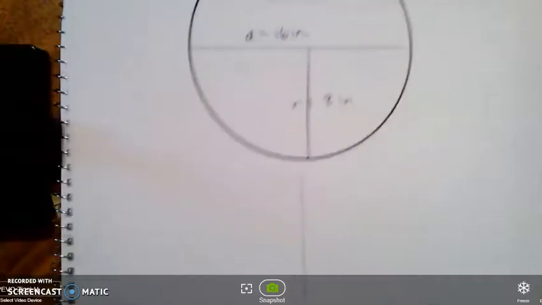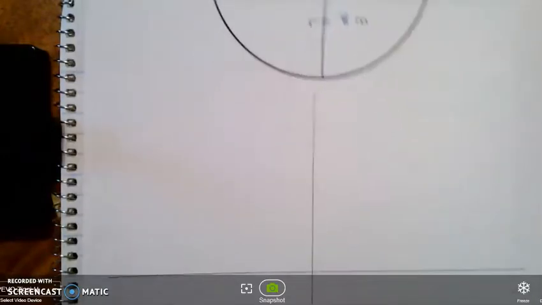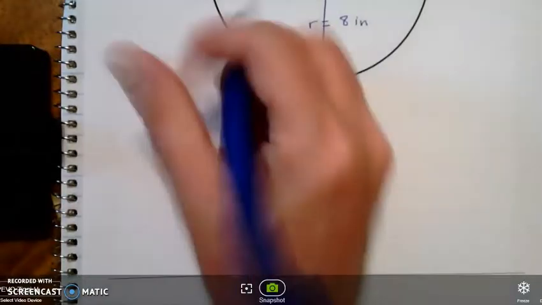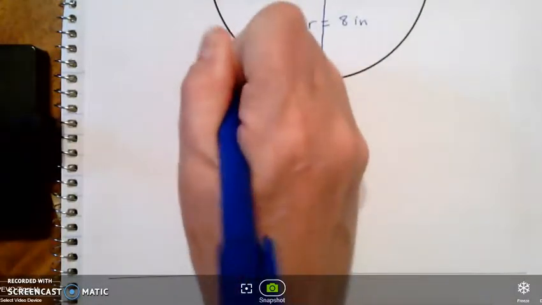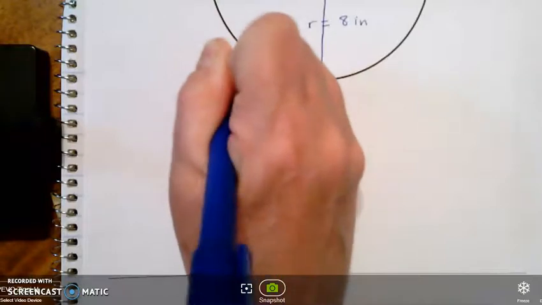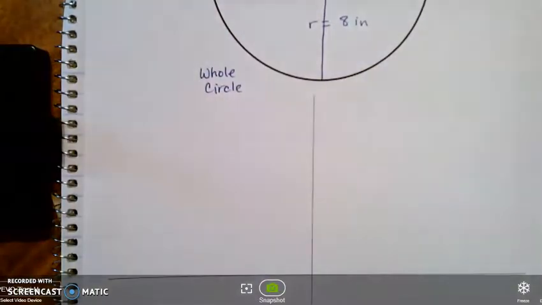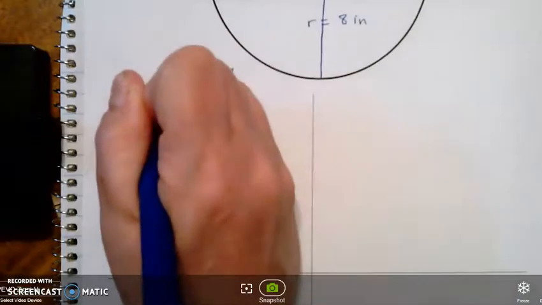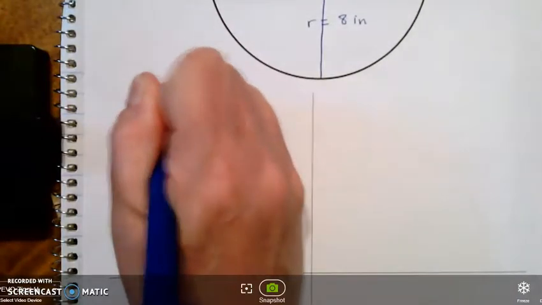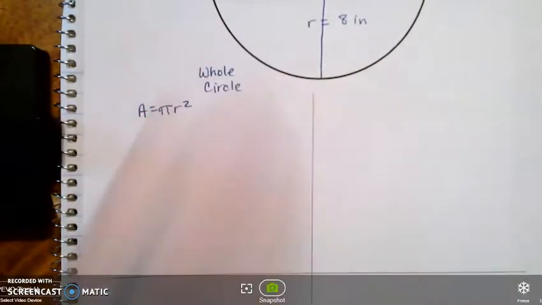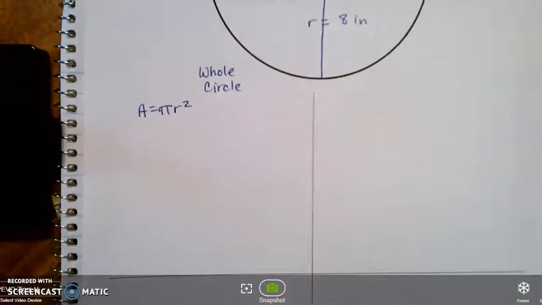Over here, we're going to start with area of the whole circle. Let's write that down. Whole circle. I'm going to start with my formula. This is how I do it every time. I'm a teacher. I know this by heart, but I still do the same thing every single time.